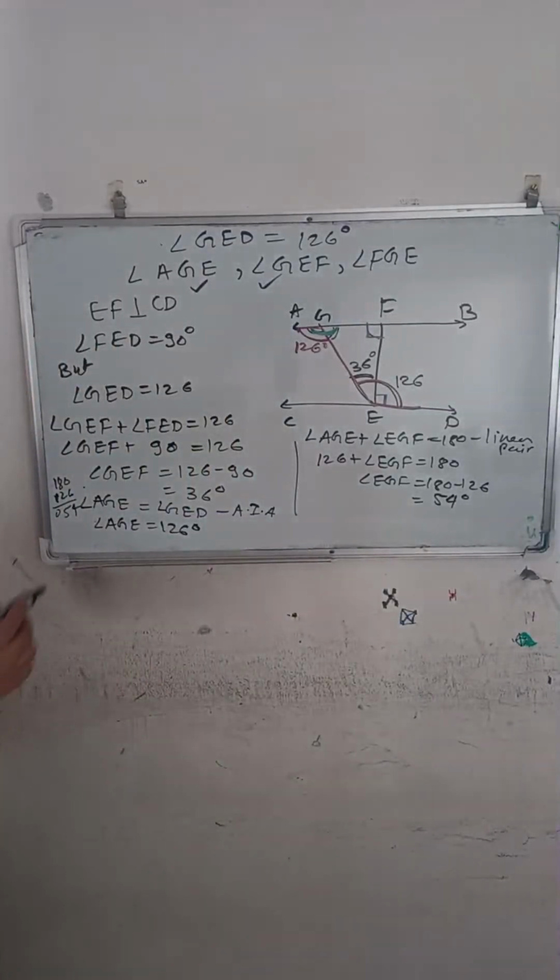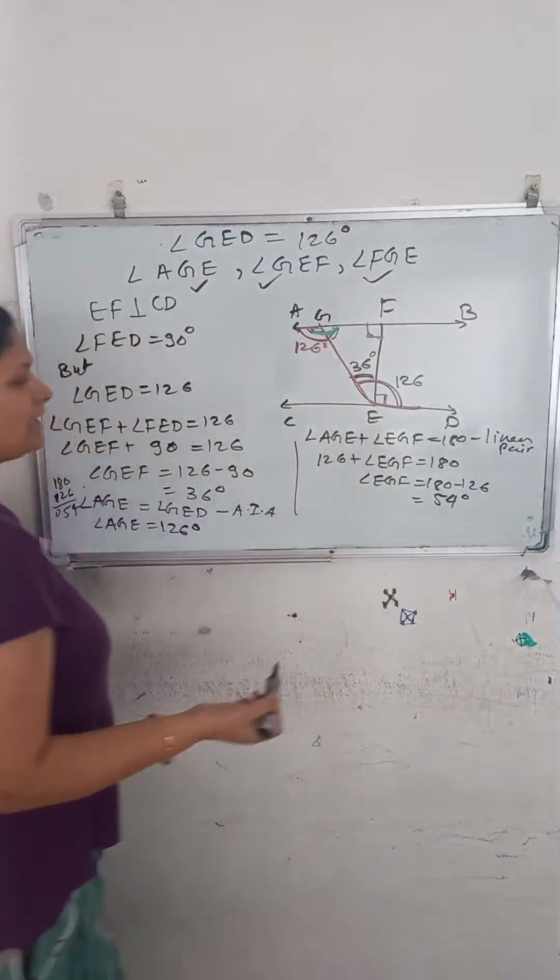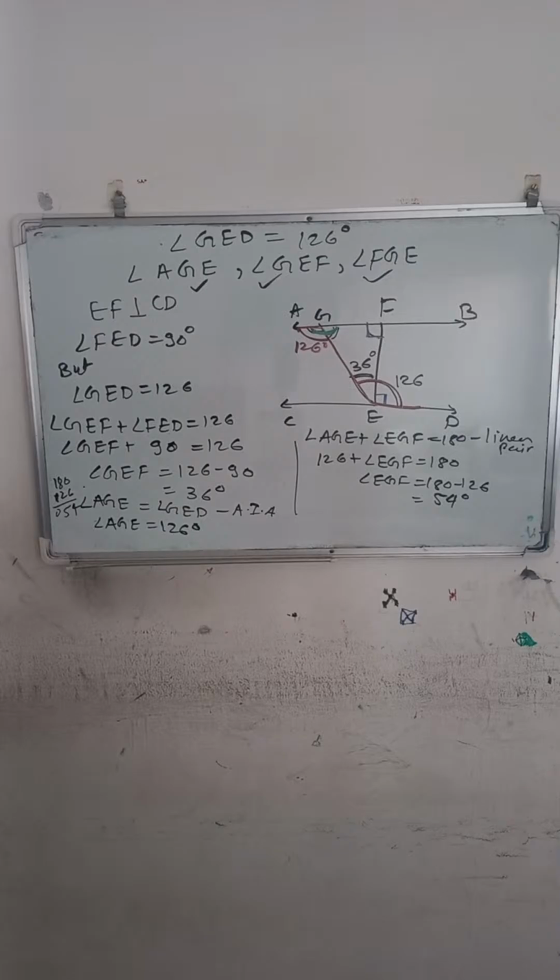FGE and EGF are the same thing. Just by applying linear pair or previous concepts, you will get all the angles. I hope you all are getting. Copy this, then we'll go for the next problem. I hope you all are getting these numerical problems.